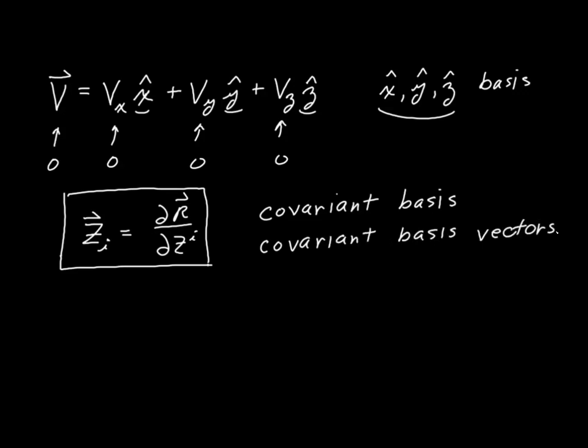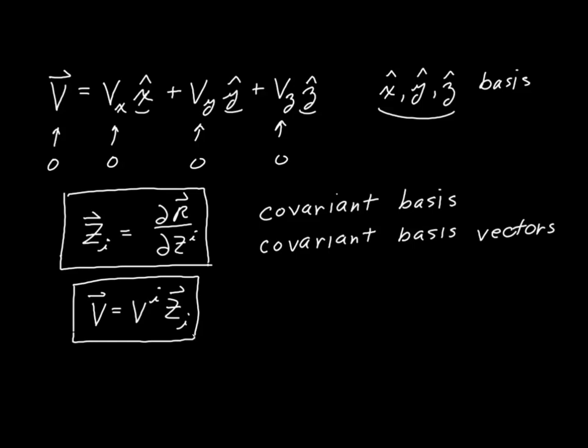And by using this definition, we now know that we can express any vector in our space as a linear combination that looks like this. And we've now come up with a generalized way in which we can express a vector as a linear combination.